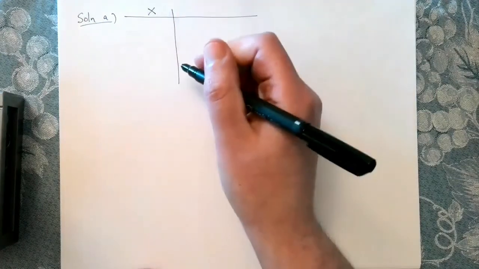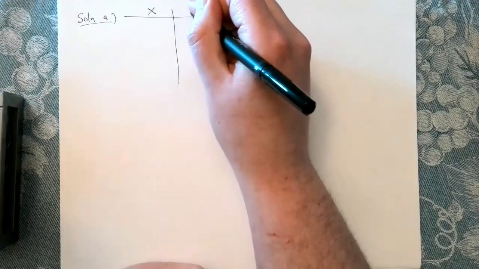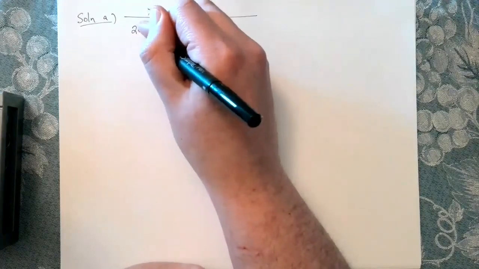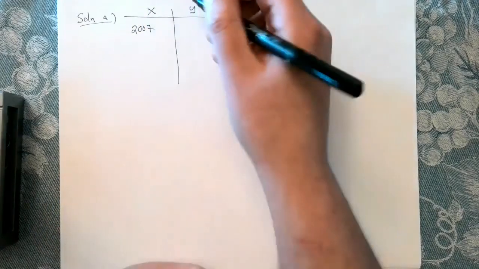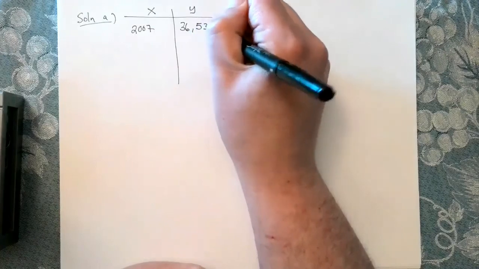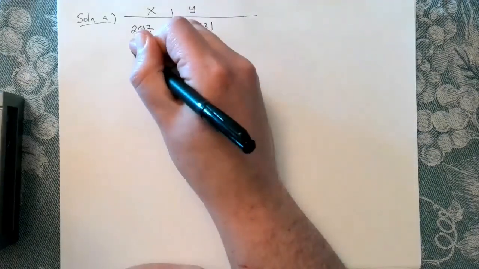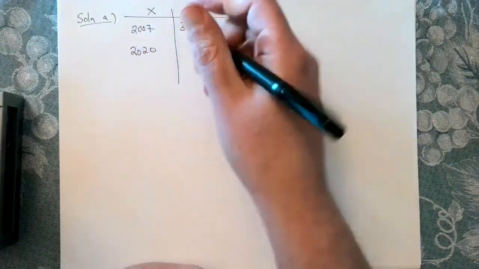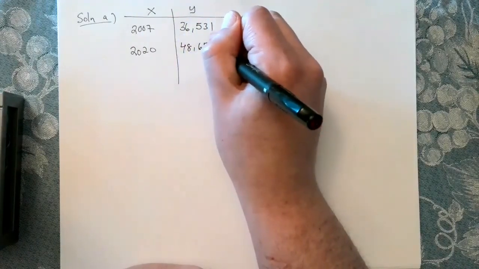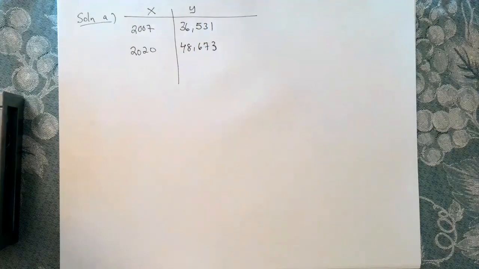Let X be the year and Y will be the enrollment. So in 2007, we had an enrollment of 36,531. And then in 2020, we had an enrollment of 48,673 as given in the problem.